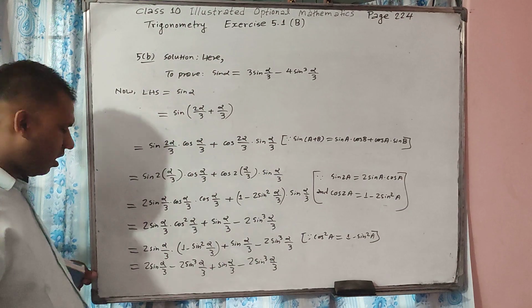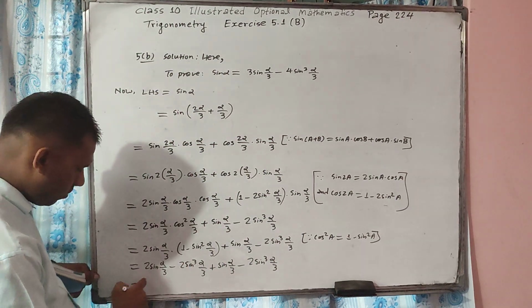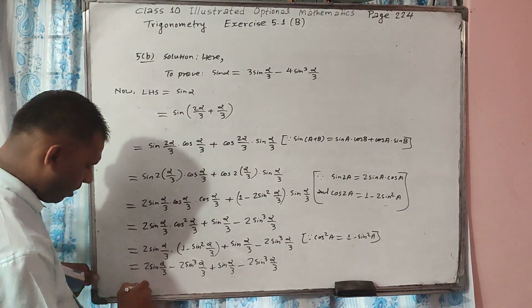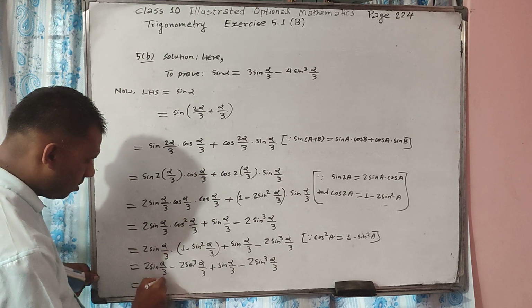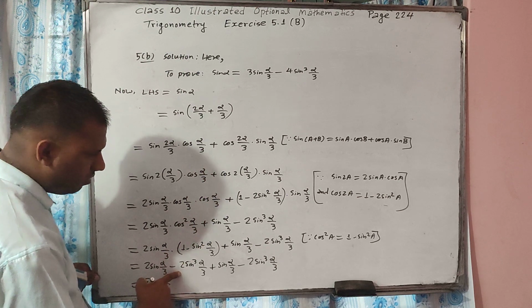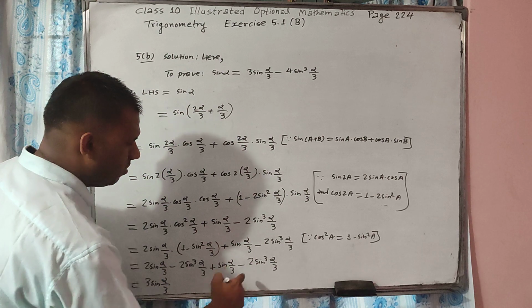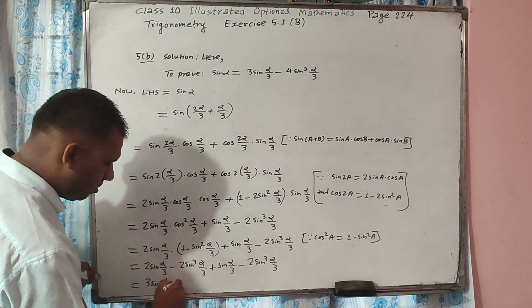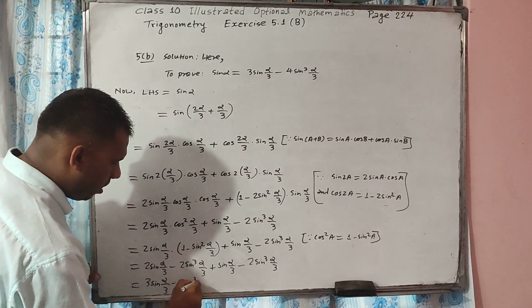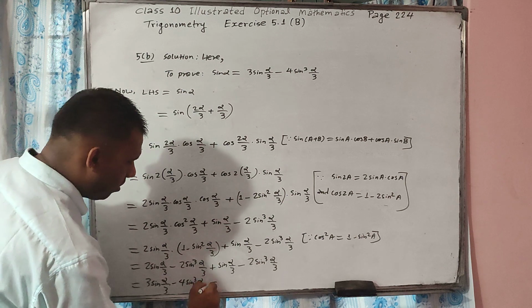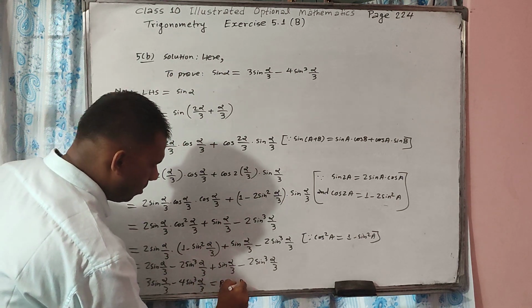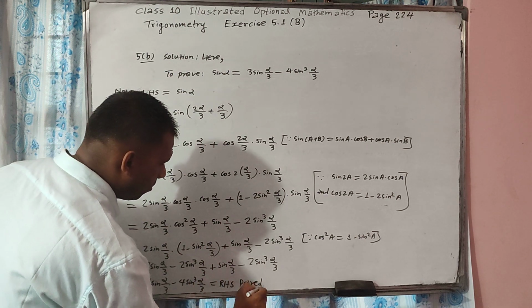Now adding and subtracting like terms: 2 sin alpha by 3 plus sin alpha by 3 is 3 sin alpha by 3, minus 2 sin cube alpha by 3 minus 2 sin cube alpha by 3 is minus 4 sin cube alpha by 3, equal to RHS. So proved.